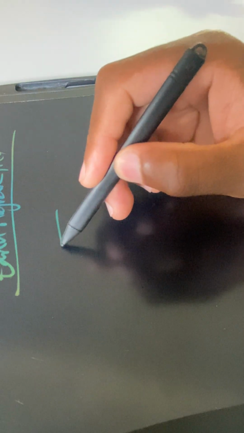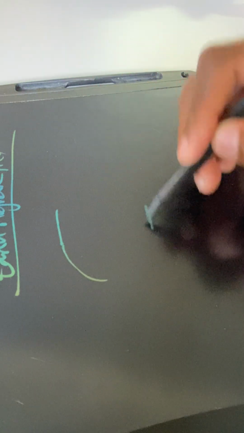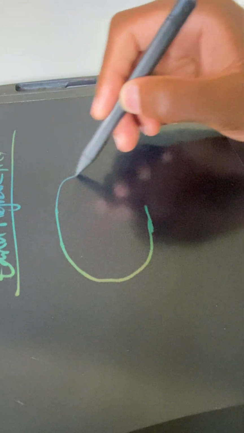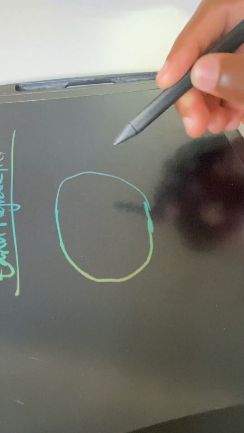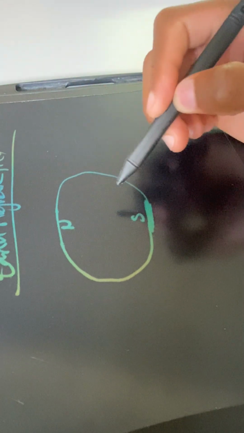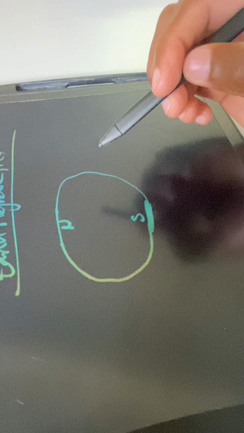Remember, when you did geography, we said the Earth is flattened at the poles and bulges at the equator. So this is the North and the South Pole.